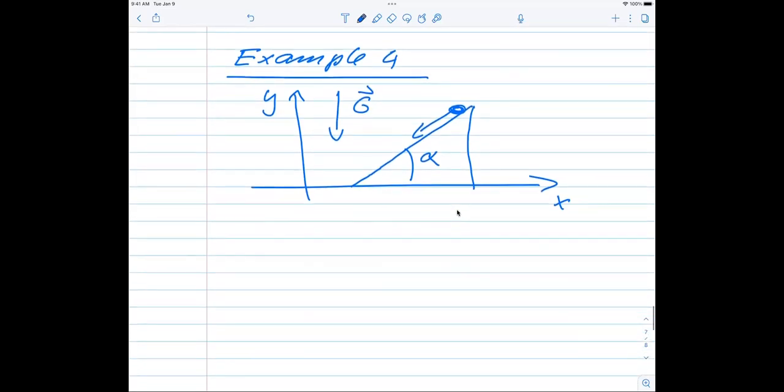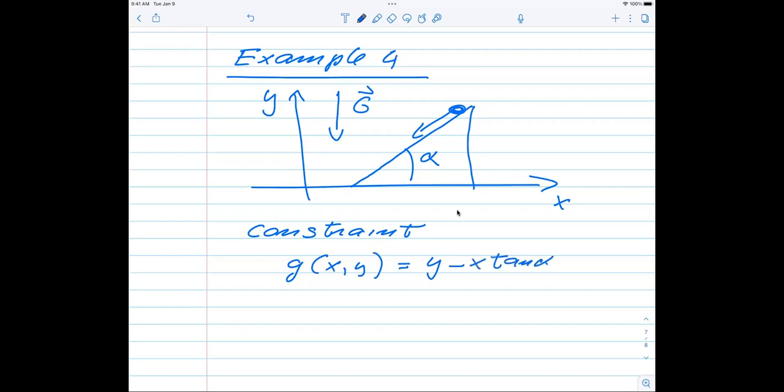So the constraint here, we could now define a mathematical function in terms of the following. This function is a g of x and y. That's a constraint which we're going to put here. That says simply that y minus x times tan alpha is equal to 0, because we know that y divided by x is equal to tan alpha.